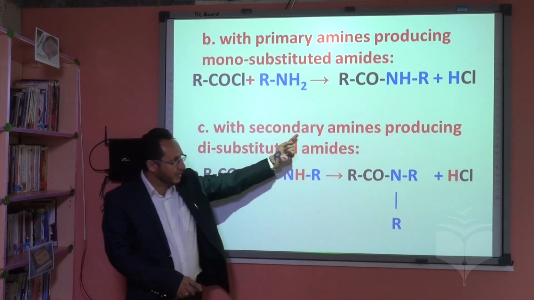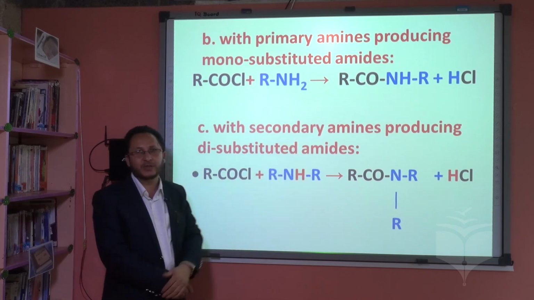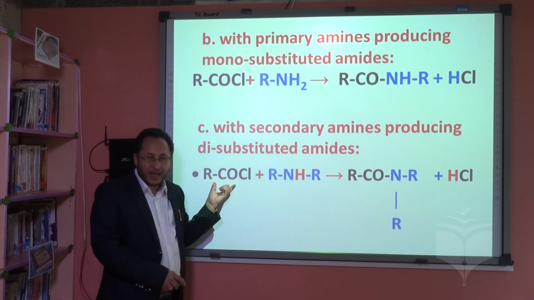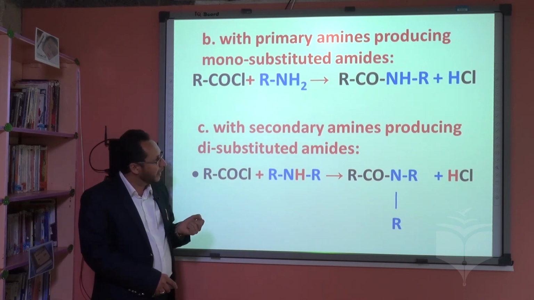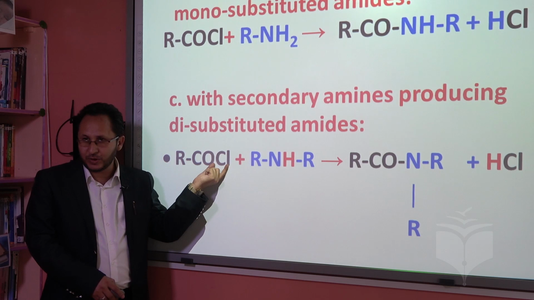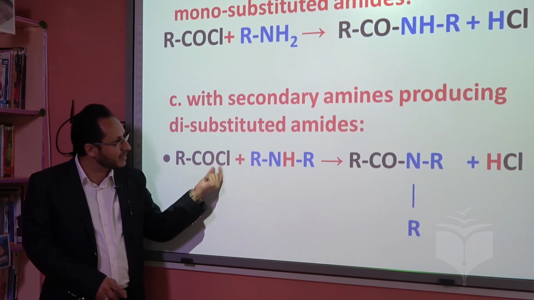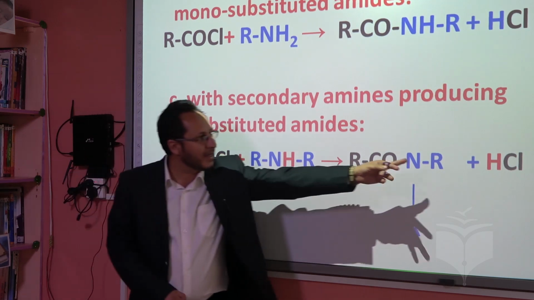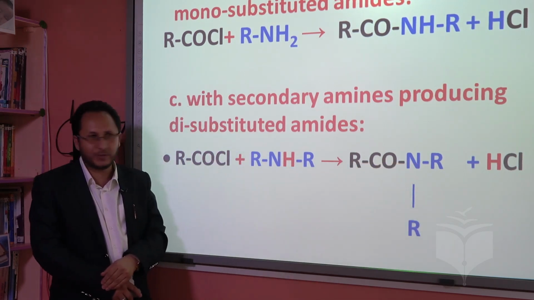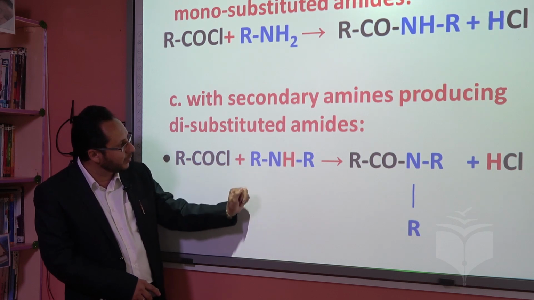With secondary amines, producing disubstituted amide, you have to take carboxylic acid, acid chloride, or acid anhydride. In this case, the same rule: you have to remove this Cl with one hydrogen atom. They go as HCl as a side product. What remains here? We have NRR.